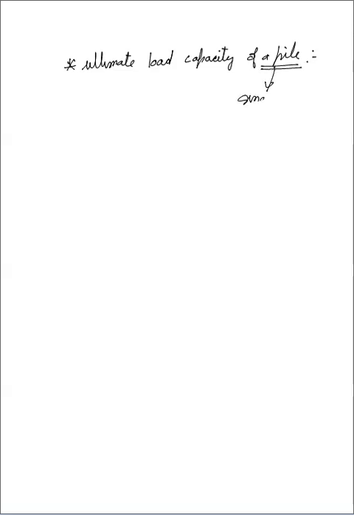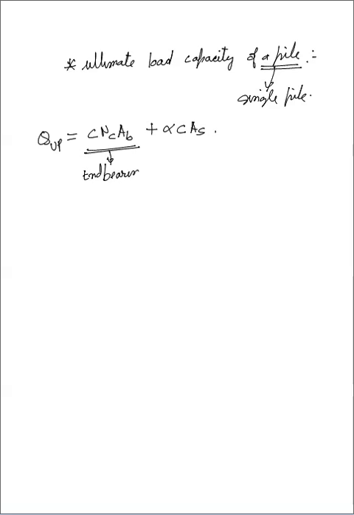So the notation will be QUP is equal to C NC AB plus alpha C AS. Now see, this term is related to end bearing or point bearing, and this term is referred to friction.